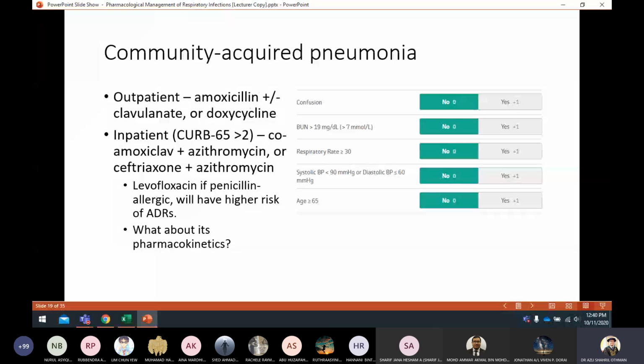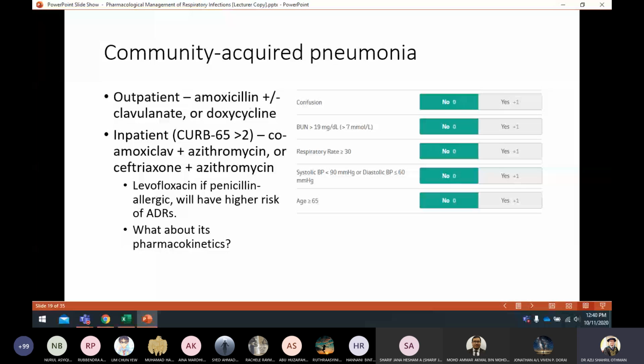If the patient scores 3 or more, definitely you are going to have to make a phone call to the nearest hospital and tell the MO in charge at the hospital that this patient needs to be admitted. That is the job that you need to do when you are an MO.